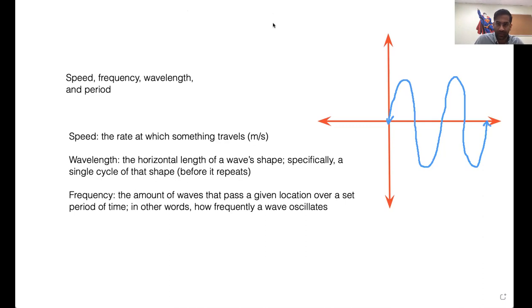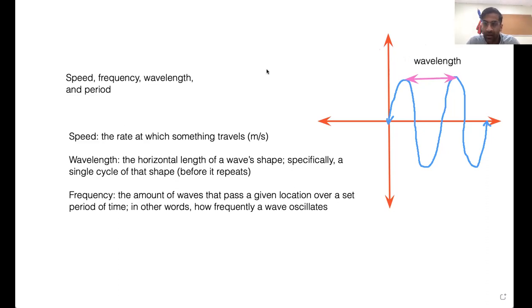So first thing I'm going to do is visually define wavelength. So like I said, it's the horizontal length of a wave shape, a single cycle of that shape before it repeats. And so from here to here, we could call that wavelength. Okay.